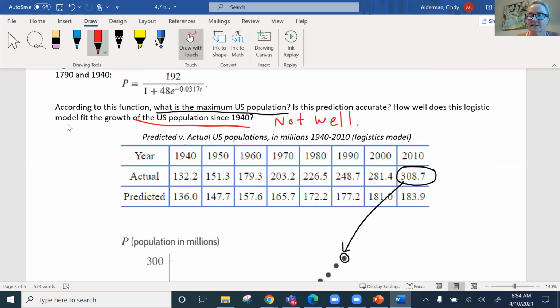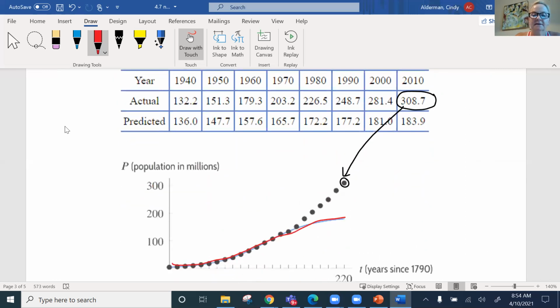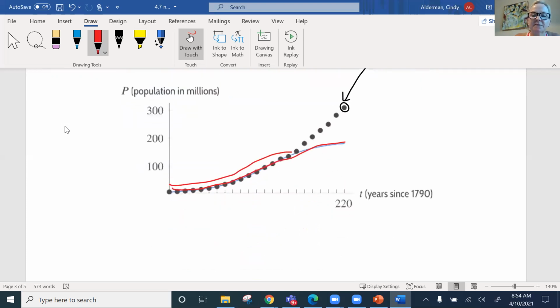Well, it looks like it's fitting. It looks like this approximately logistical graph, right? You can even see it's logistical. It looks like it's starting to turn a little bit there. Why would it change?